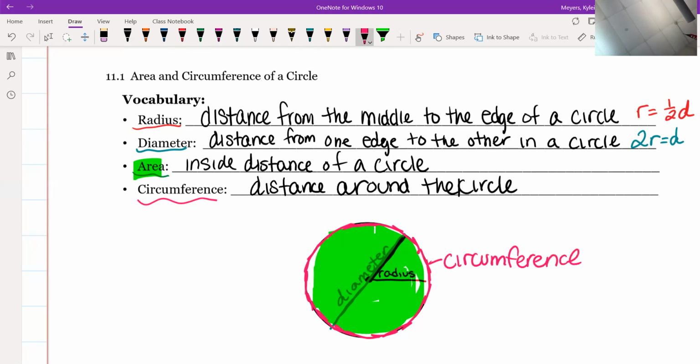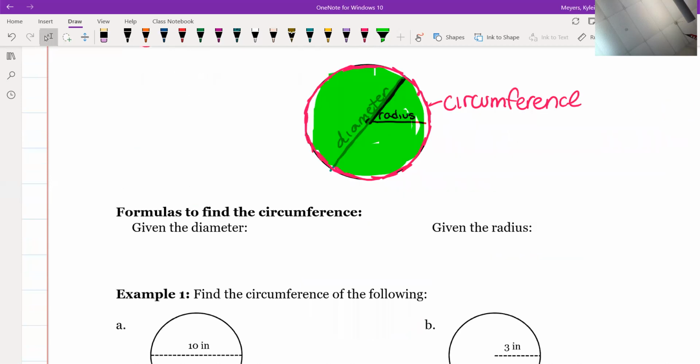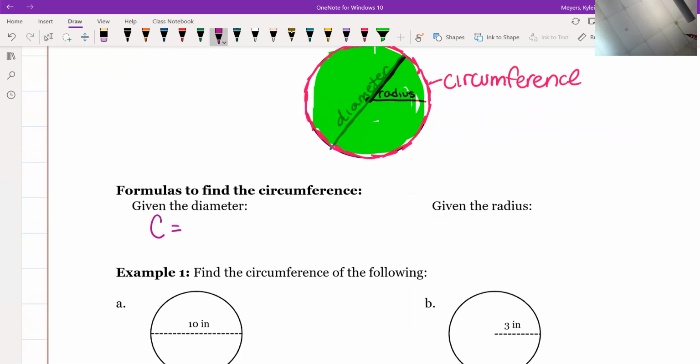All right. So now that we've talked about that a little bit, there are some formulas to find the circumference. If you're given the diameter, your circumference is pi times your diameter. If given the radius, it's 2 times pi times your radius.